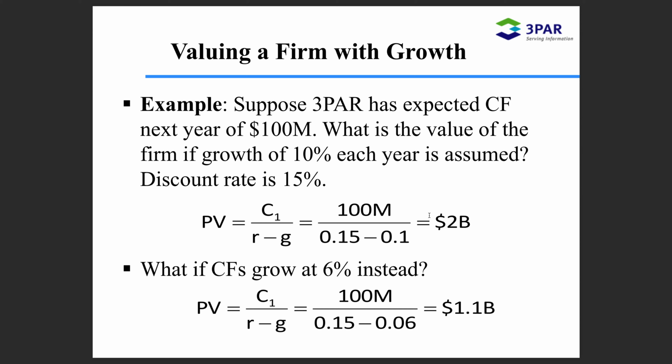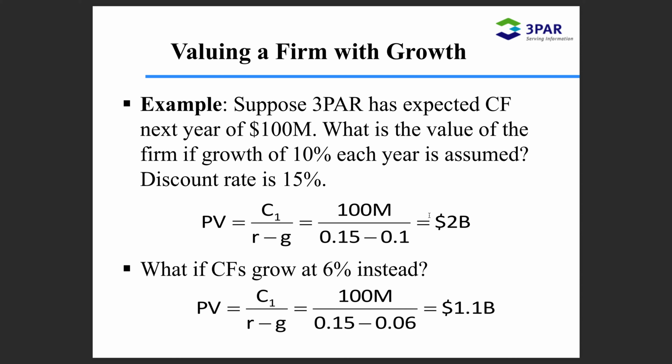So when we value growing firms, it is important to carefully and accurately estimate the growth rate of cash flows, because small changes in this growth rate, up or down, will affect valuations. In particular, if we overestimated growth rate, we overpay for the company. If we underestimate growth rate, we underpay.